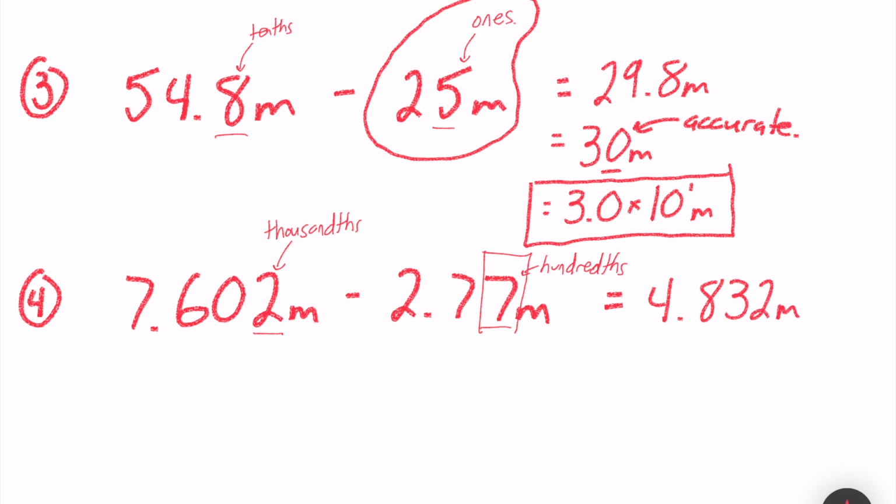Let's take significant figures into account and be accurate to the hundredths position. You should get an answer with sigfigs of 4.83 meters, as it's accurate again to that hundredths position.